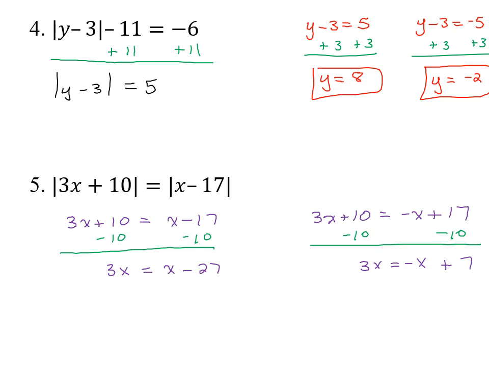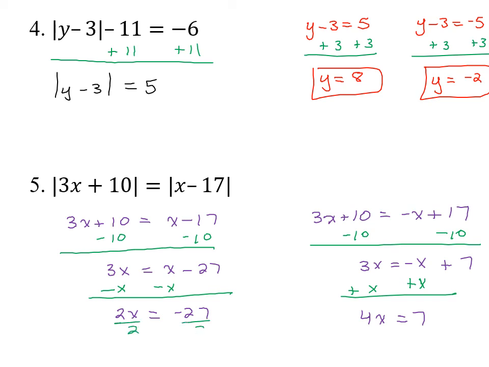Then I get the x's together, so I'll subtract the x here to get 2x equals negative 27, or on the other one, add the x to get 4x equals 7. And then divide each one of them. I'll divide the first one by 2 and the second one by 4 to get the x's by themselves. And I'll get that x equals negative 27 over 2, which is a little harder to check if you do want to check it, or x equals 7 over 4.